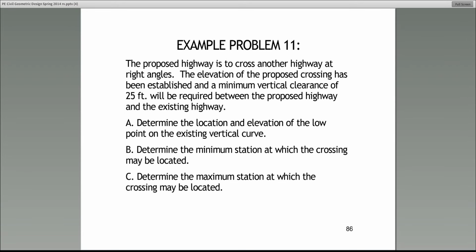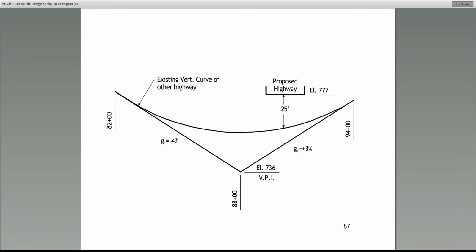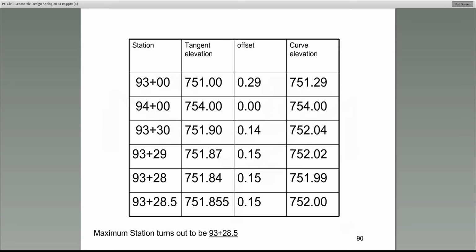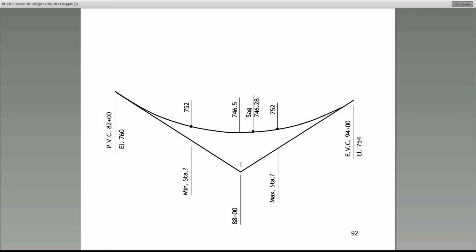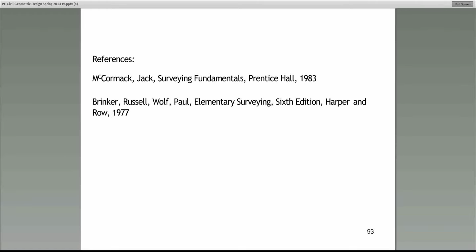So I would recommend just doing this one if you're taking the transportation exam in the afternoon. It's the same concept, but it requires a trial and error solution. But the complete solution is provided to you.